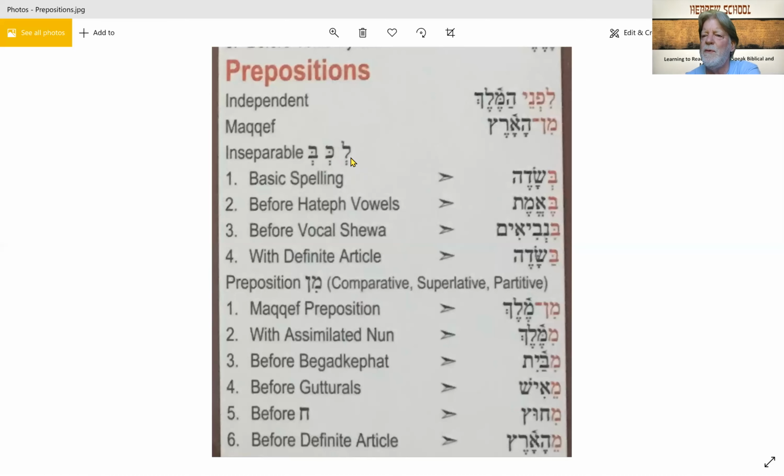It can also mean a few other things as well. It can mean by, like a reference to authorship. The Psalms that are written by David in the Old Testament are called Mizmor le David. Mizmor is the word for a psalm. Le David means by David.